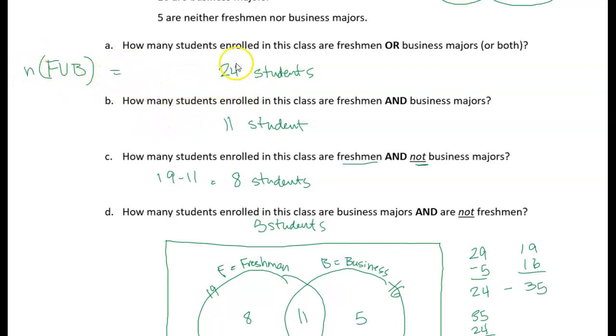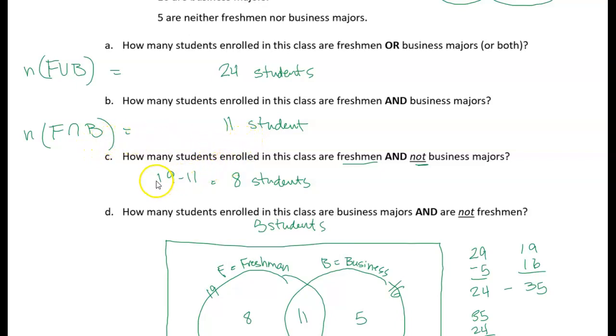So I could actually write it that way. I could write the number in F union B is 24. The second question is asking how many students in the class are freshmen and business majors. So again, we're asking for the intersection. All right, they have to be freshmen and business majors. So we could write the answer to that as the number in the intersection of F and B is 11 students.